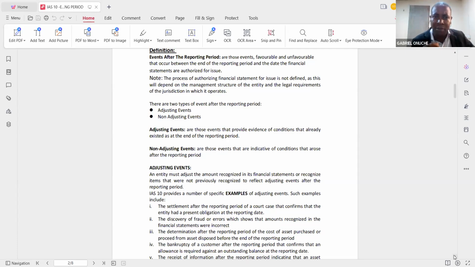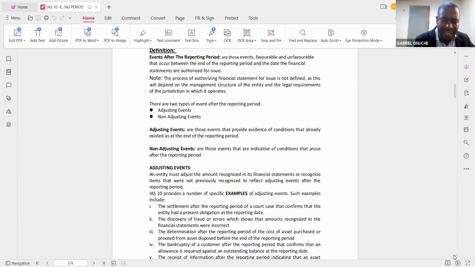That is established: the reporting period is the financial year end, 31st December. Also, let's put it that the accountants of the company do everything within their means to get the financial statement ready on 31st of January. Are we together? On 31st of January, the financial statement is prepared and ready by the accountant or the CFO of the company.